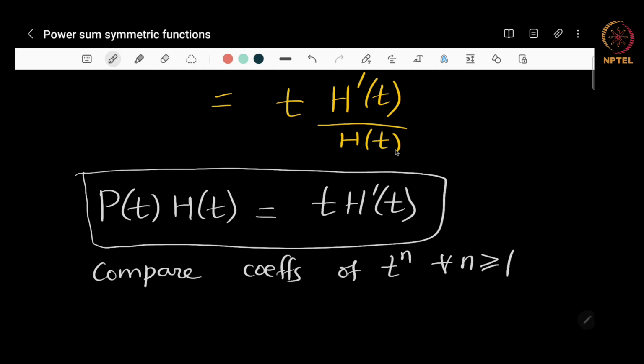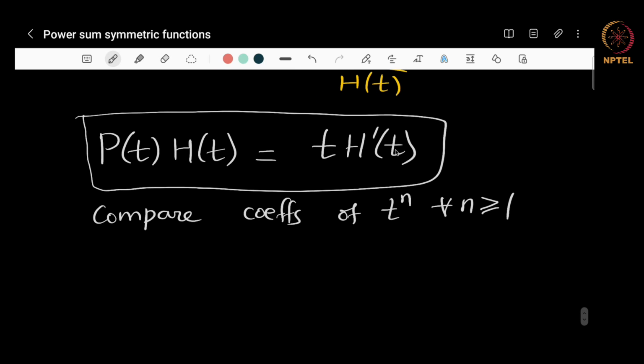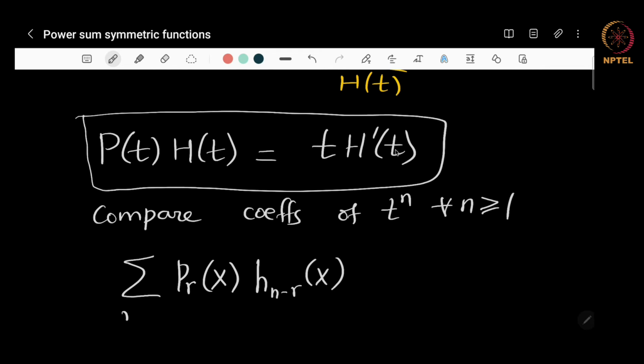Okay, so in fact you'll only have coefficients from t power 1 onwards, as you can see on both sides. And when you do this, here's what you get. On the left side, this coefficient is nothing but sum of p r of x, h n minus r of x. That's what you get when you multiply two things out. That's the coefficient of t power n.